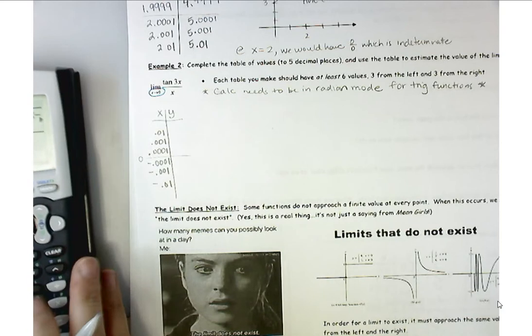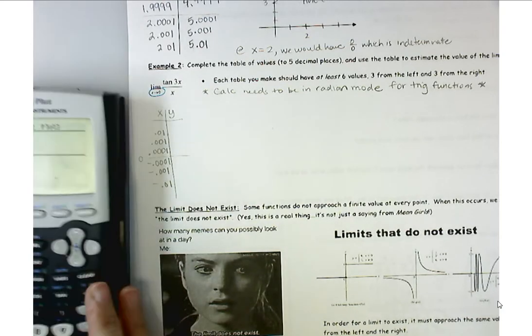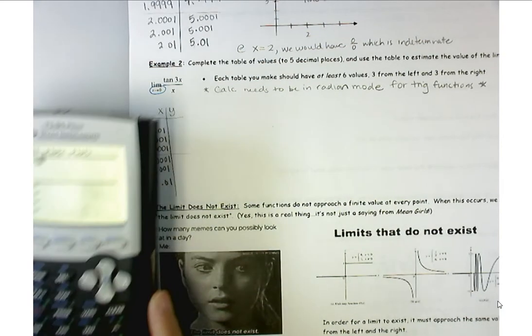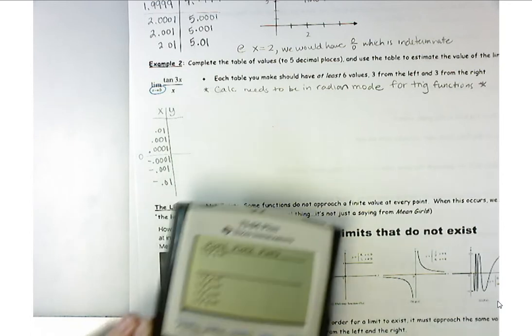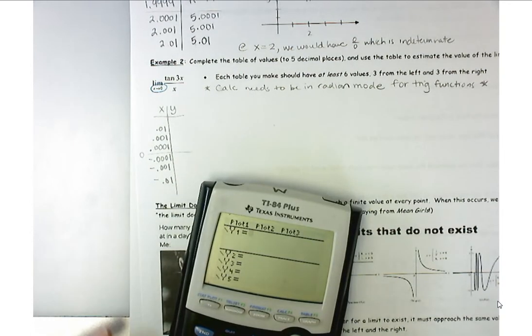Now, this time I will make sure I go to my y equals and I will change it, since nobody in my second hour will help me when I make a mistake. Technically don't need that. Divided by x.